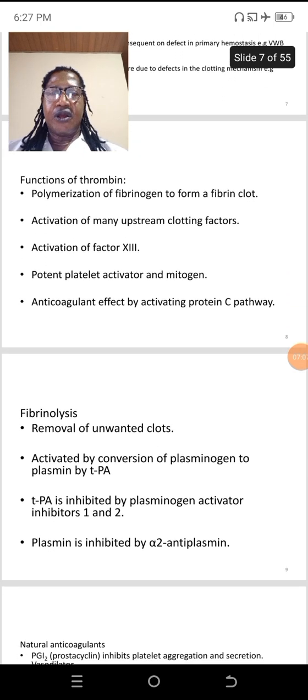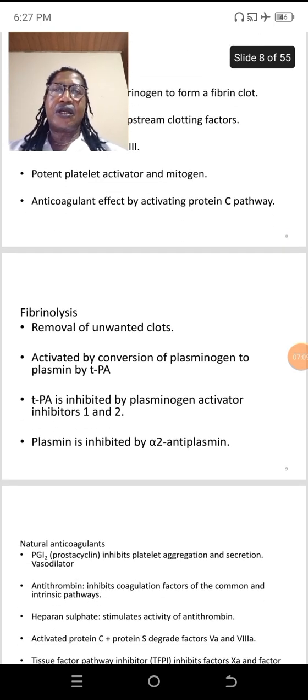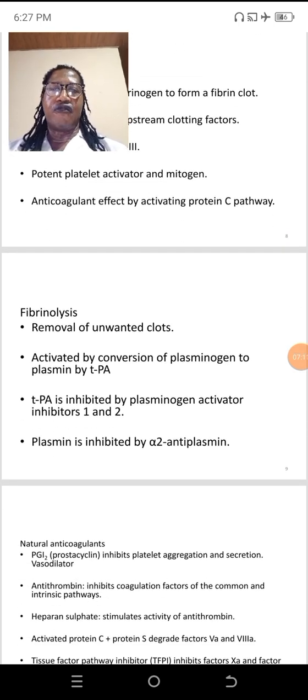Fibrinolysis, on the other hand, refers to removal of unwanted clots. And fibrinolysis is activated by conversion of plasminogen to plasmin by the tissue plasminogen activator. The tissue plasminogen activator, on the other hand, is inhibited by plasminogen activator inhibitors 1 and 2.